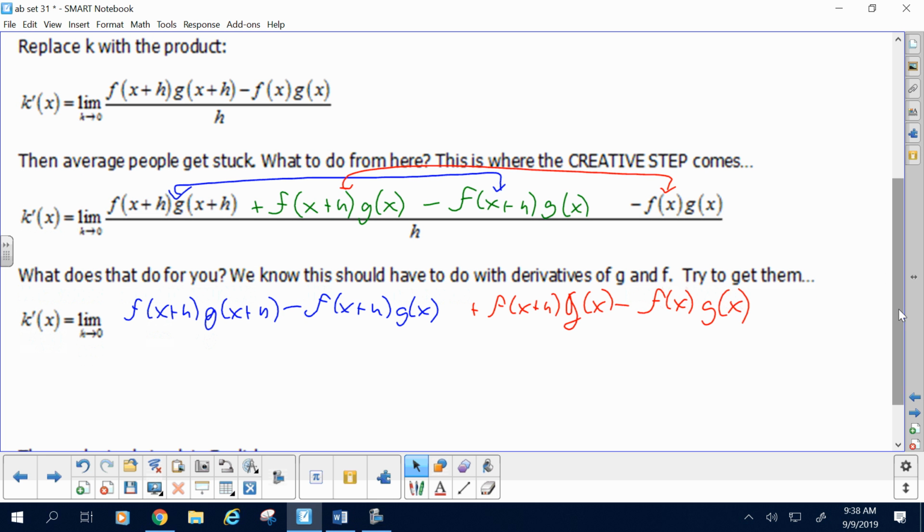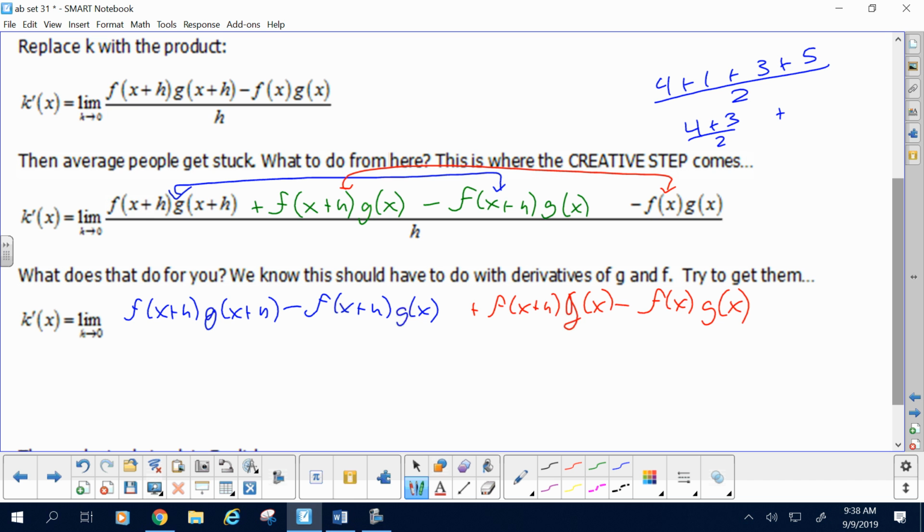Also, in the interest of space, if you were doing this in a proof way, you would have to go very methodically and slow, one change at a time. But if I have a bunch of stuff over one denominator, could I rearrange and separate them over two denominators?